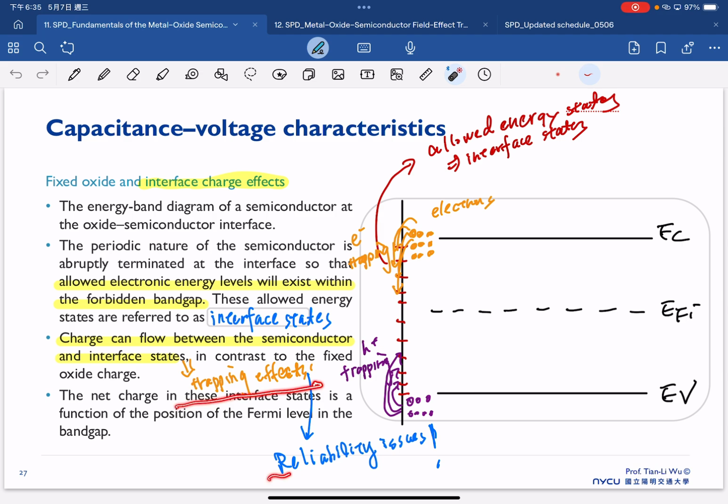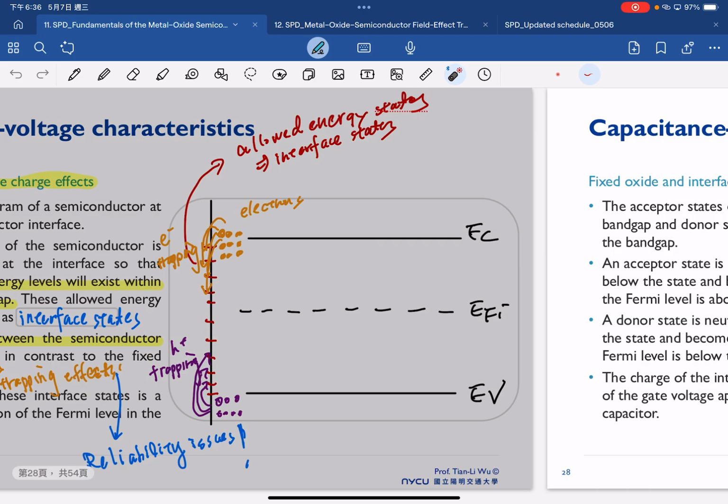In the end, this becomes one of the major reliability issues in every semiconductor. No matter what kind of semiconductor you are working on, whether silicon-based, III-V, 2D, whatever, every semiconductor technology always suffers reliability issues.